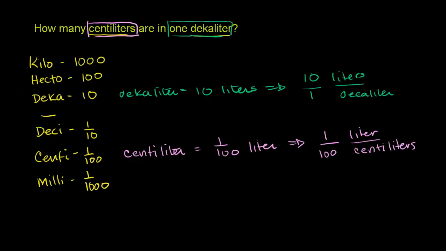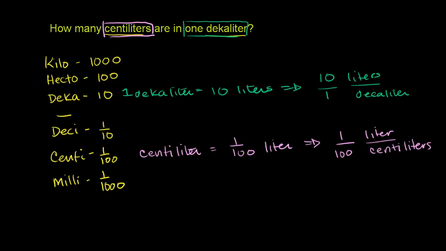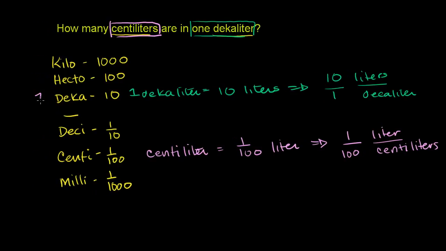So if you have 1 decaliter, how many liters is that? Well, that's going to be 10. So 1 decaliter would be the same thing as 10 liters. We're assuming that our unit is liters here. And then 10 liters is going to be how many deciliters? Well, it's going to be 100 deciliters, right?